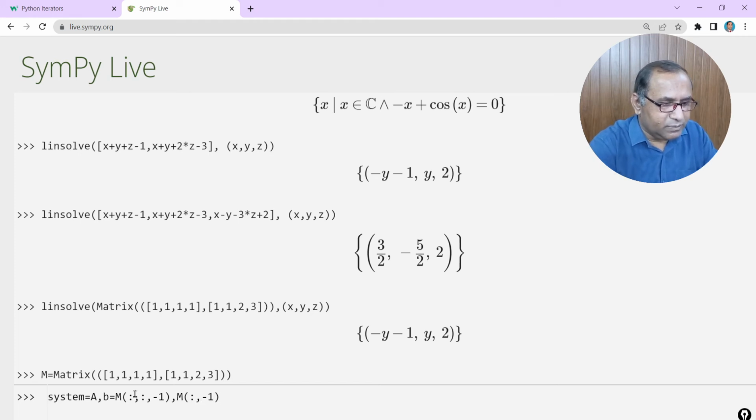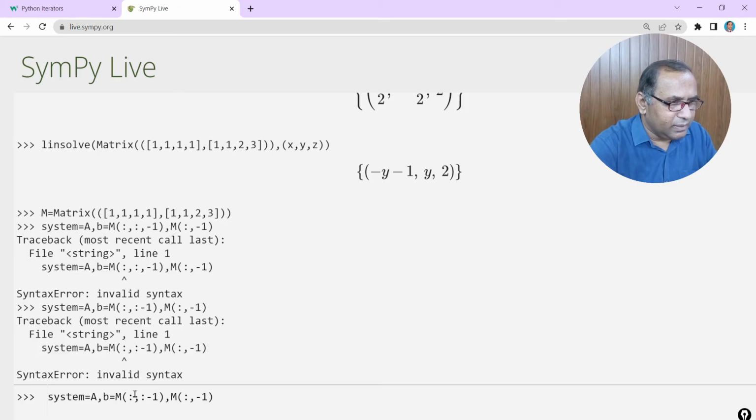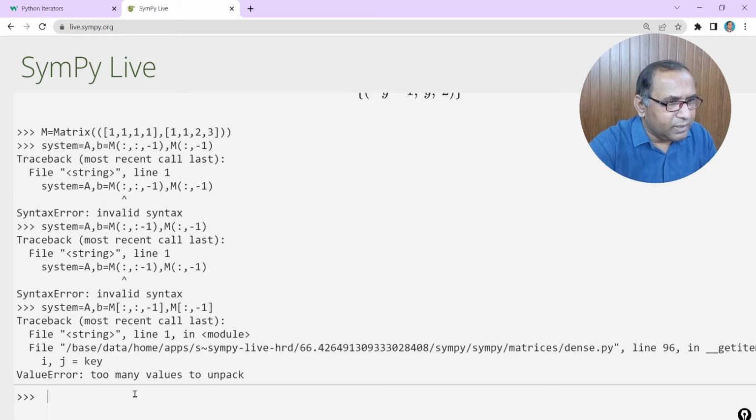So this is the system. We have M equal to the matrix. This must be in this form. Here is also this one and this one and this one. Here is a comma. Again it is returning some error.